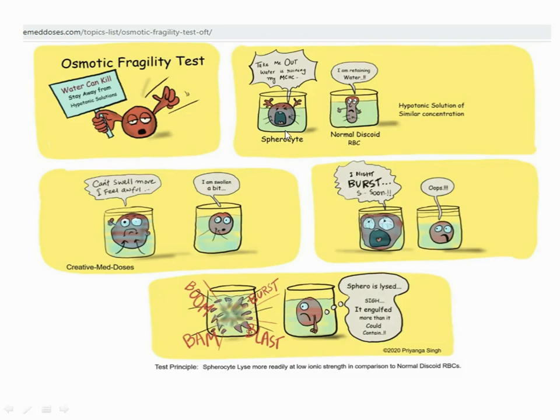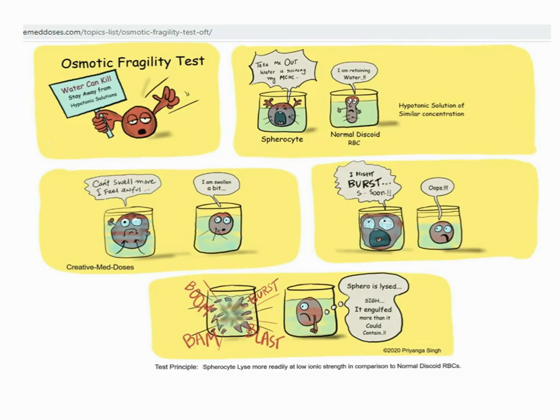If we put a spherocyte and a normal discoid RBC in two hypotonic solutions, the spherocyte will rupture, while the discoid RBC can withstand it. This is called the osmotic fragility test.